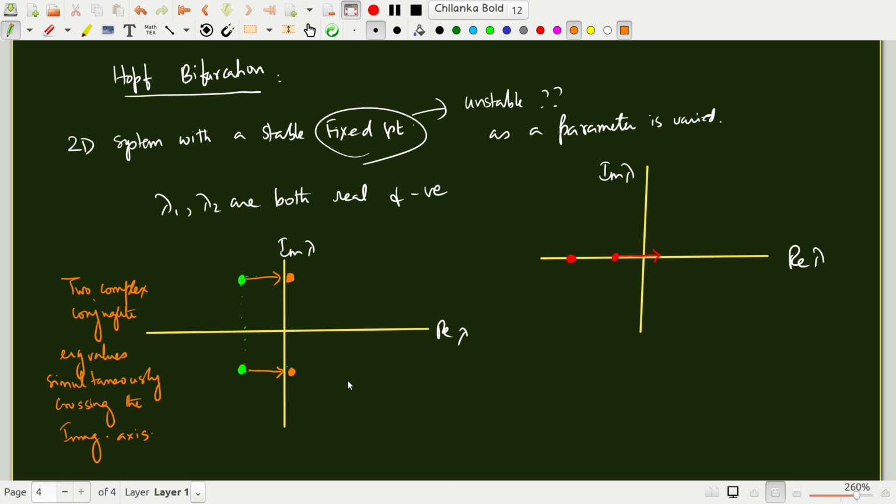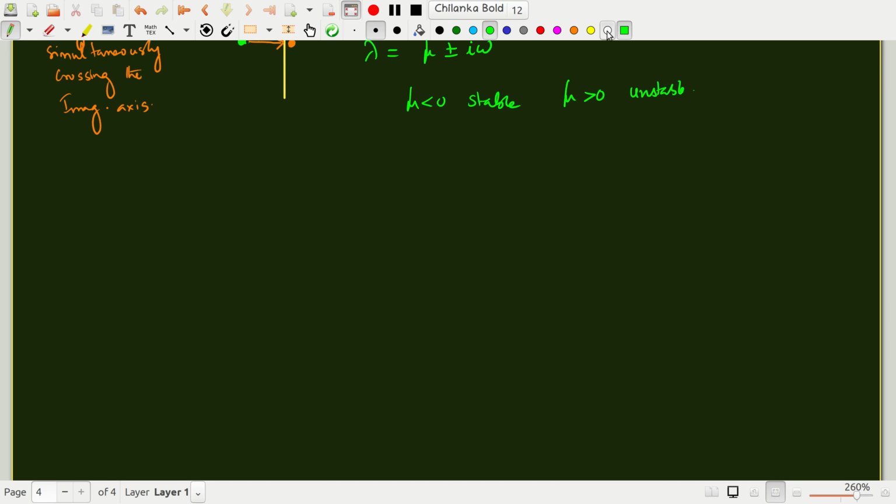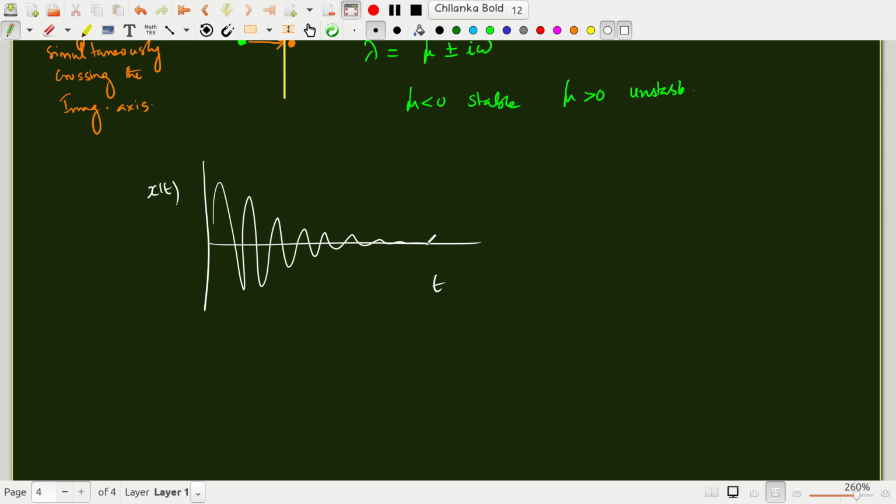So the nature of the eigenvalues will look like this: lambda is equal to mu plus or minus i omega. So mu less than 0 is stable and mu greater than 0 is unstable. When mu is less than 0, if you plot, let's say, x of t versus t, you will have decaying oscillations. It will look like this.